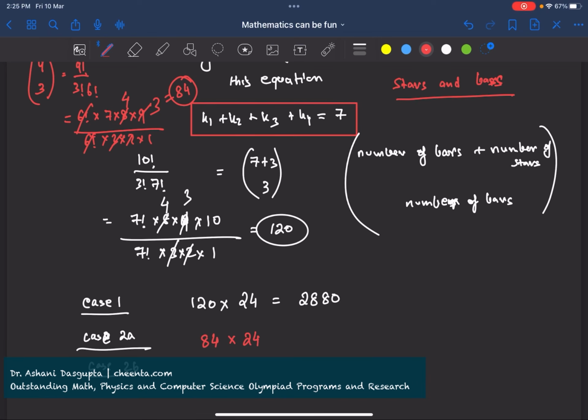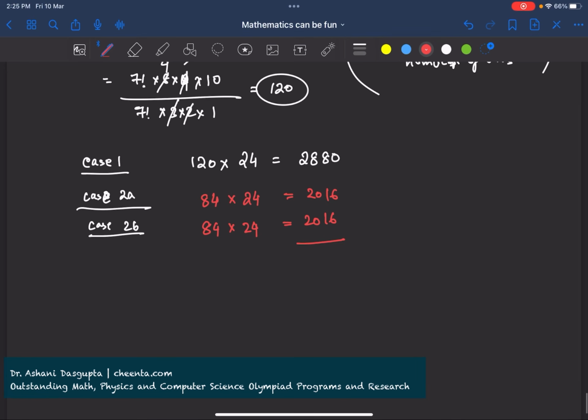So 84 times 24 times 2 plus 2880. So case 2B is also the same thing. So we have 2016 and this is also 2016. So total we have 6912 cases.